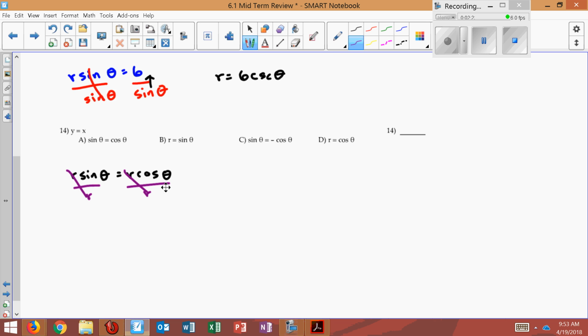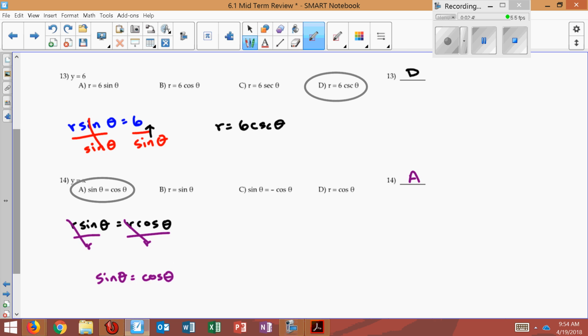And when I do so, I'm left with just sine theta equals cosine theta. And that's answer A, so I'll go ahead and put that. There's no other way of getting r, so that one's out and this one's out. So it's either one of these two, and it's not negative cosine, so it is, in fact, A. We did do that correctly.